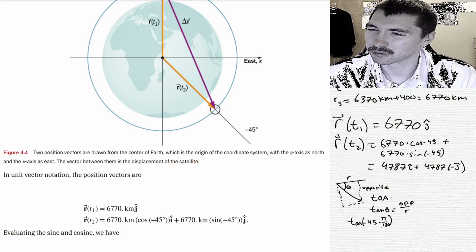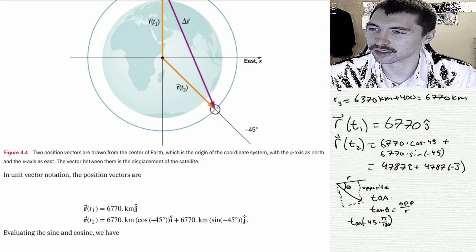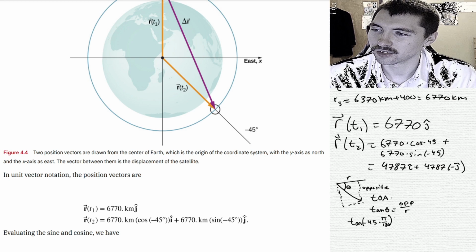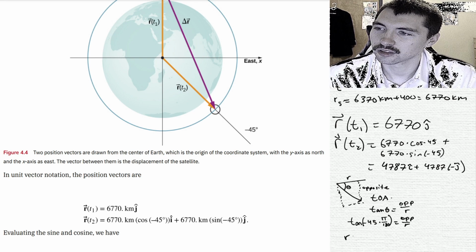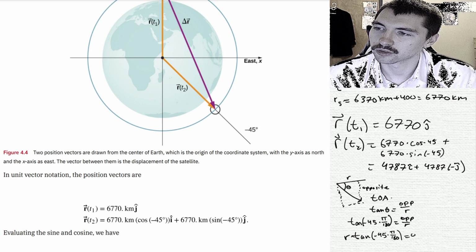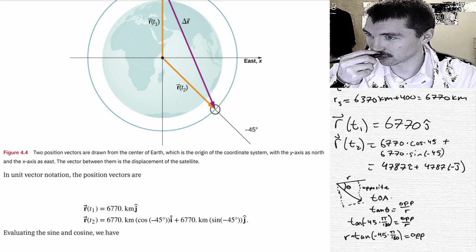I think it's pi over 180. But we're converting 45 degrees into radians so we can take the tangent of it. And then that is going to be our opposite over radius. Obviously, we're going to move the r over here. So it's going to be r times tangent of -45 times pi over 180 equals opposite.